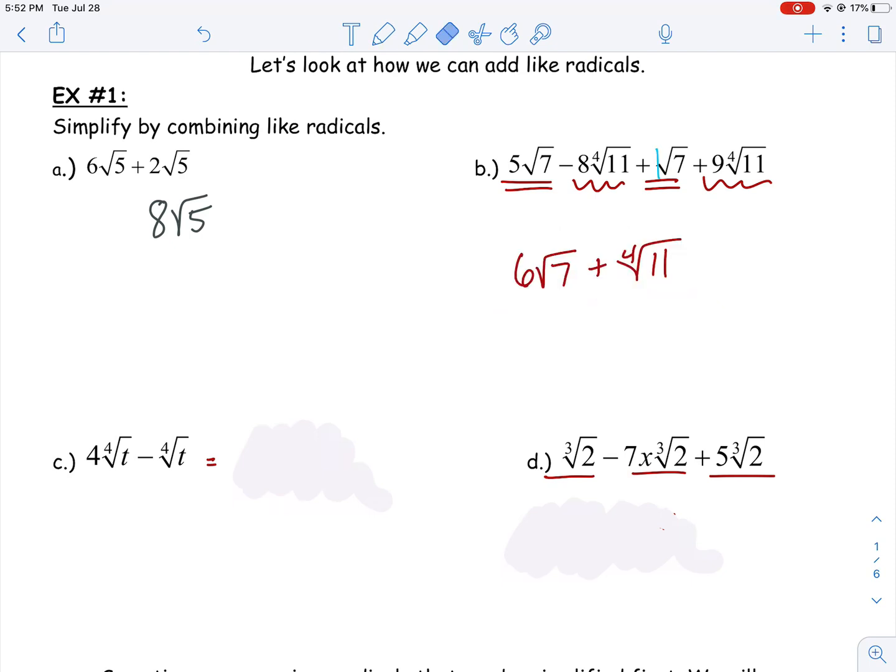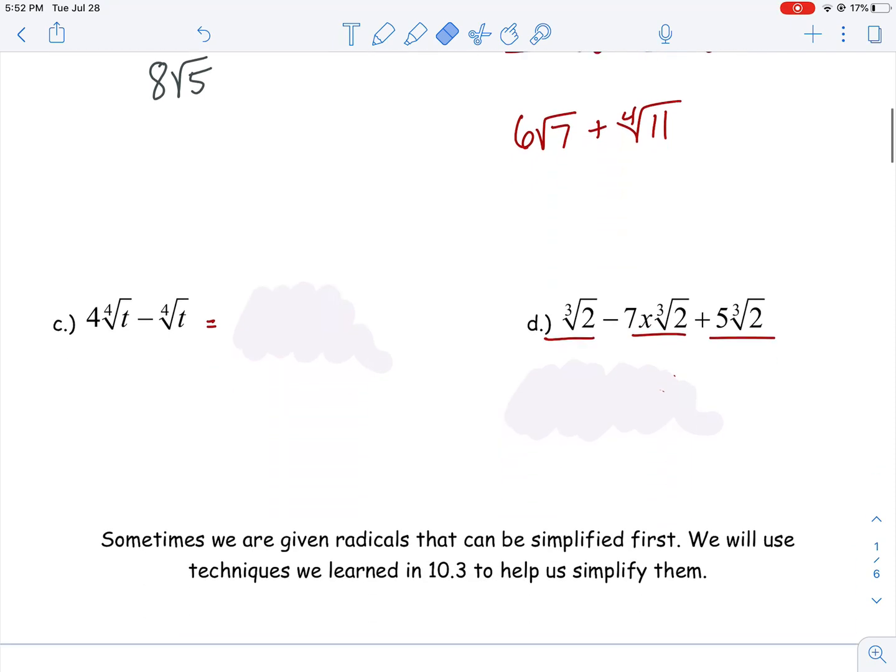So I could really say that I have 6 rad 7. And if I have a negative 8 4th root of 11 plus 9 times the 4th root of 11, I really have 1 4th root of 11. Again, you can put the 1 there if you'd like to, or you can just leave it as it is. But a rad 7 and a 4th root of 11 are not the same thing, so that would be my final answer.